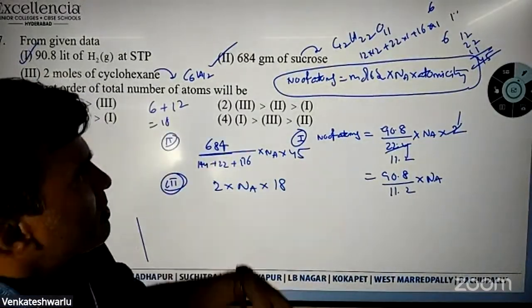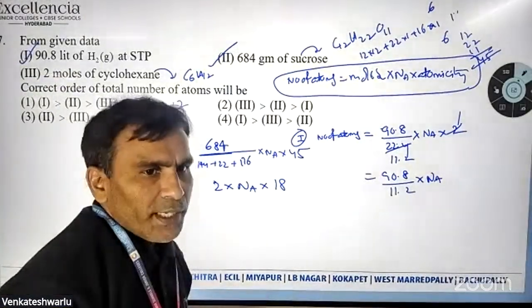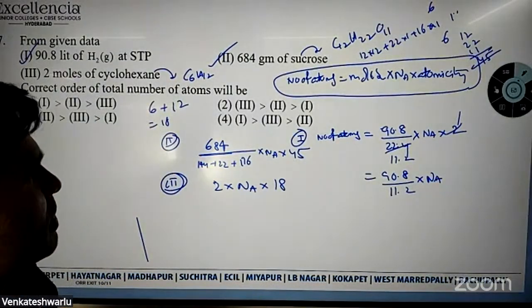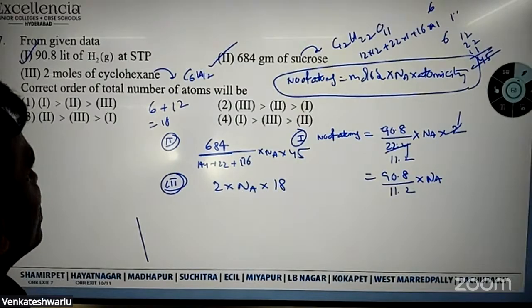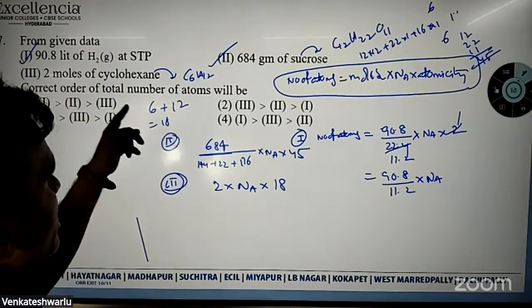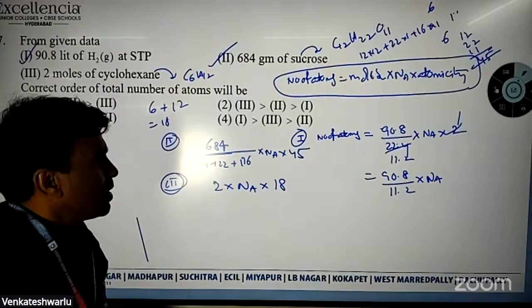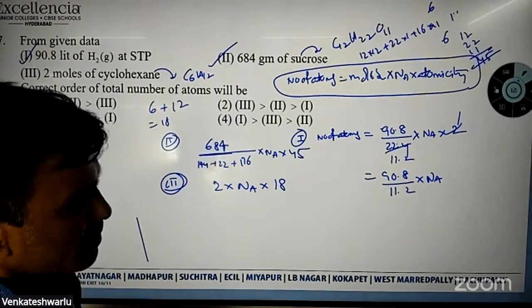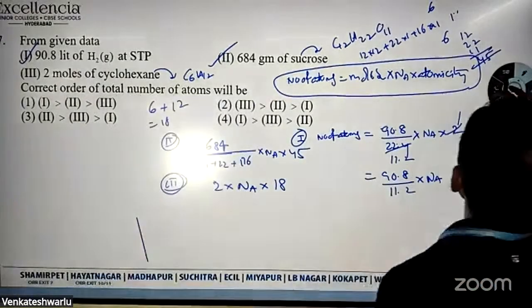In the second case, weight is given, so weight by molecular weight into Avogadro number into number of atoms. In the third case, 2 moles of cyclohexane is given, then 2 into Avogadro number. Number of atoms in one molecule is 18. Now let us move to the next question.